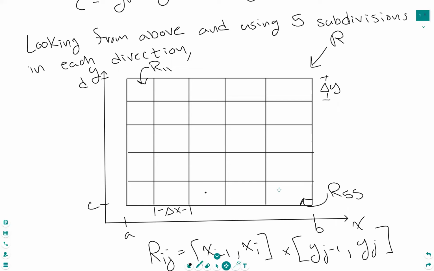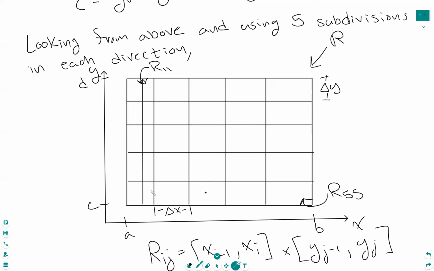So in the discrete way of doing this, we did y first. So that means for any fixed value of x, we add up all of the rectangles in the y direction. So we add all of these up. We add up all of the volumes in this direction.